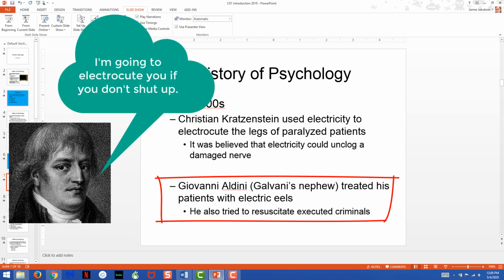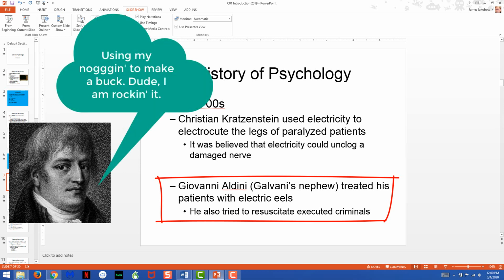And under these circumstances, what he would do to get electricity at a higher power than he could with his Leyden jars is he would go down to the docks when fishing boats would come in, and if anybody had caught electric eels, he would buy the electric eels from the fishermen, stick them in buckets, and he would have an individual stand in the bucket with the electric eel, agitate the eels, and make them electrocute the individual.